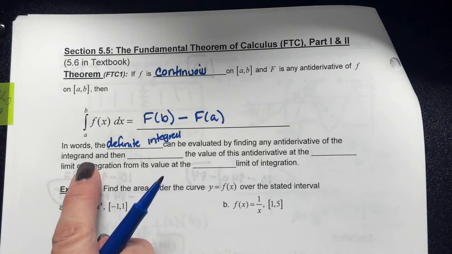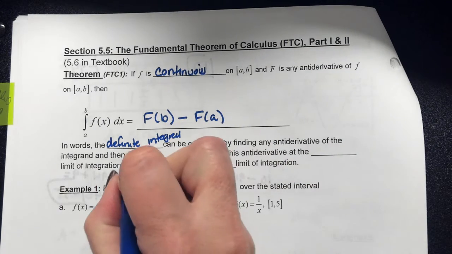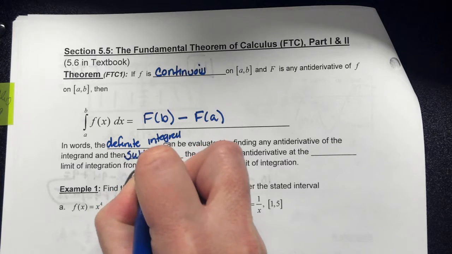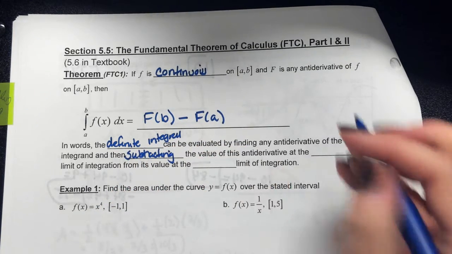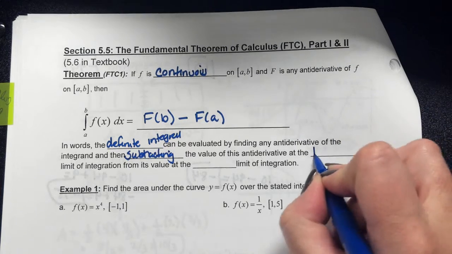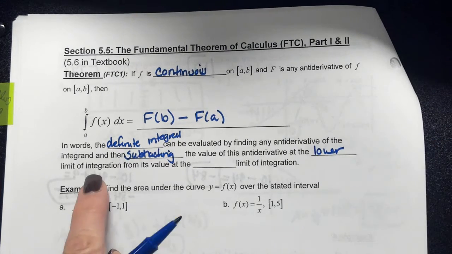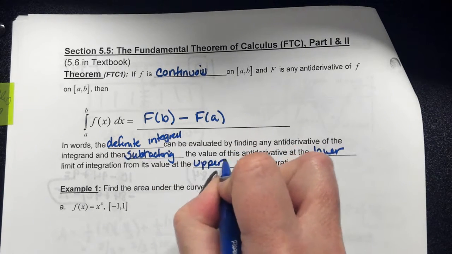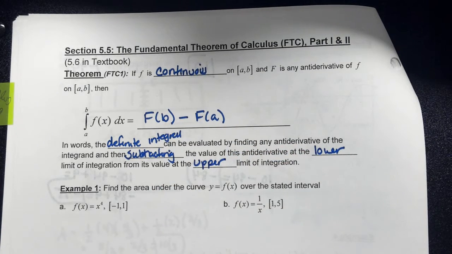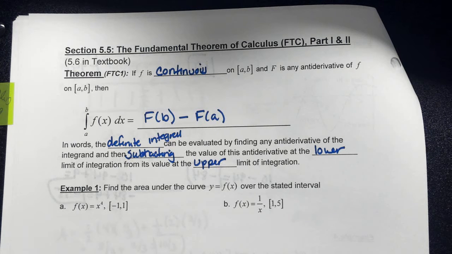So perform your integration, and then subtract the value of this antiderivative at the lower limit of integration from its value at the upper limit of integration. You're still calculating the area under the curve.